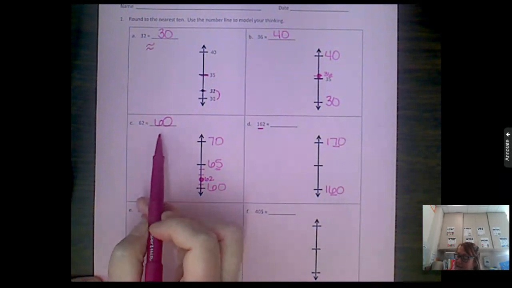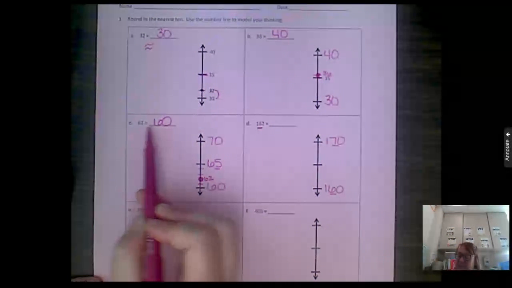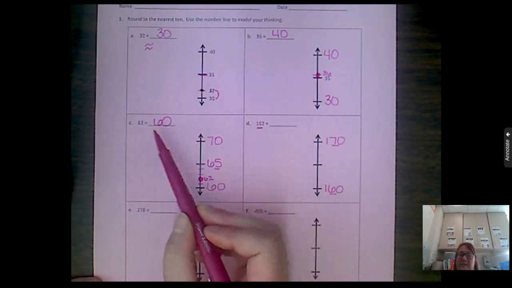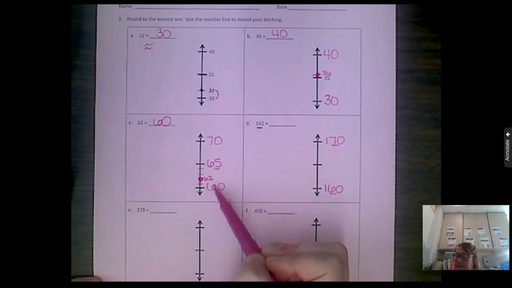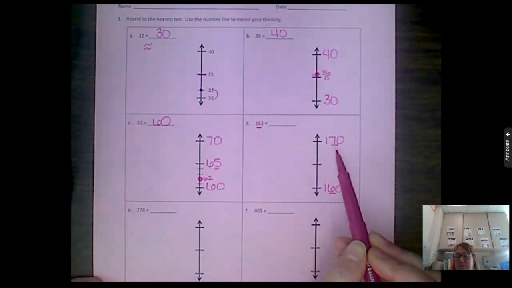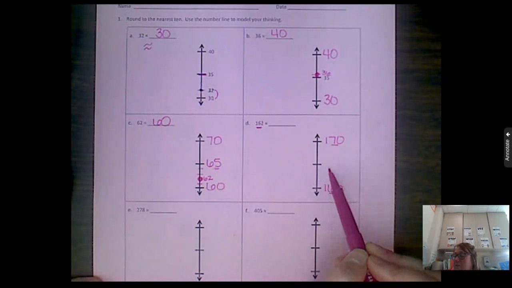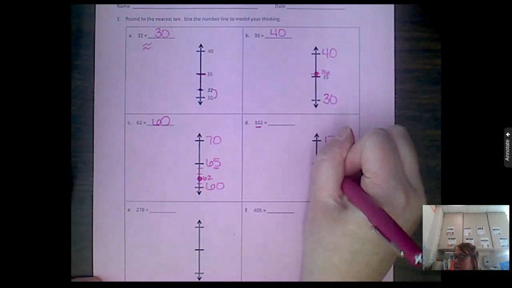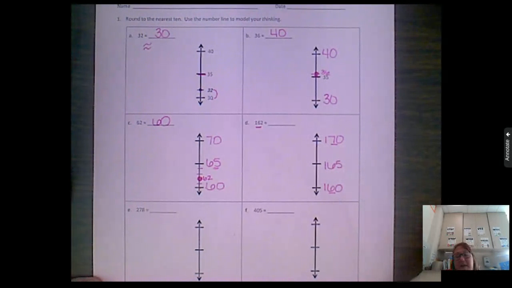And I actually had 62 over here. If you notice 62, 162, all we did over here was add that 100 in. And for 62, it was between 60 and 70. Again, we just added that 100 in. So now we've got 160 and 170. Okay. So what would be that halfway mark between 160 and 170? Do you think it would be 165?